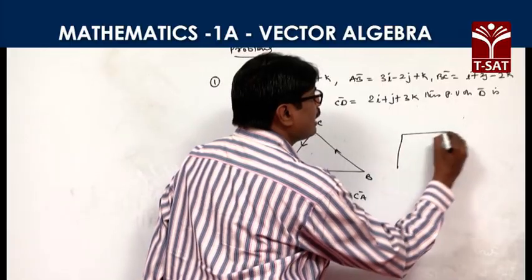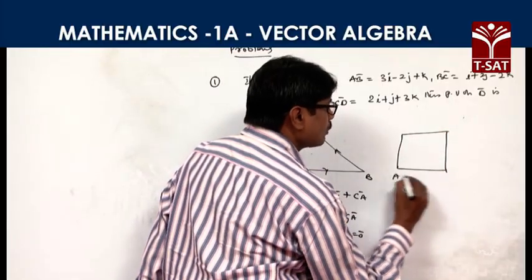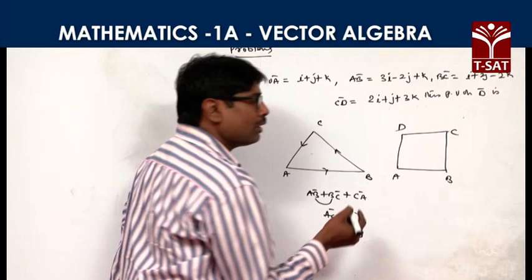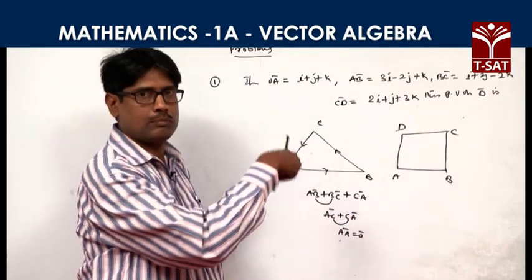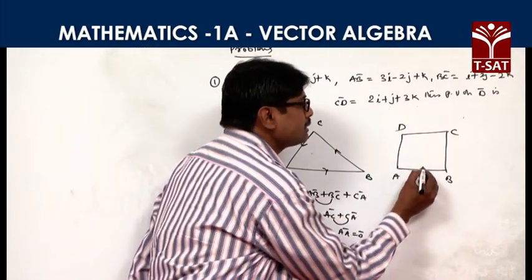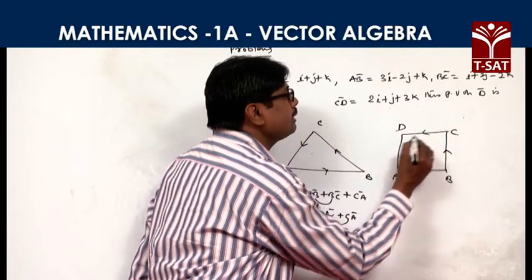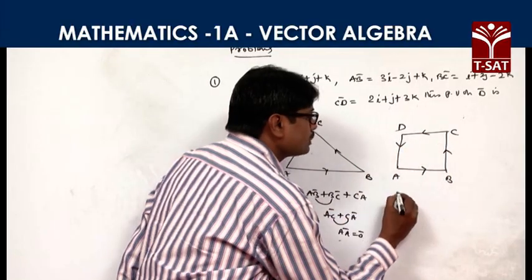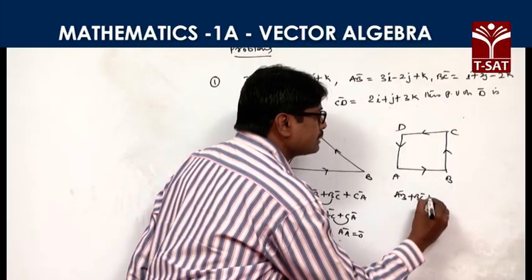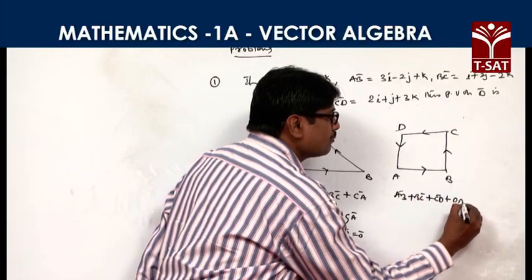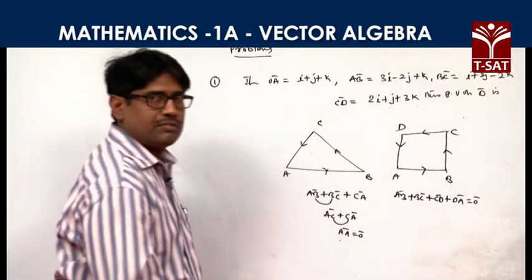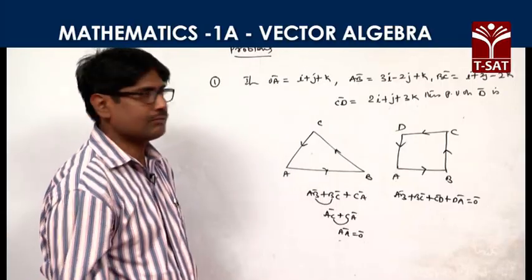Consider one quadrilateral ABCD. Closed polygon means whose initial point and terminal point are coincident. So, their directional sum AB bar plus BC bar plus CD bar plus DA bar will be equal to 0 bar. If you take any closed polygon, the vector sum will be 0.